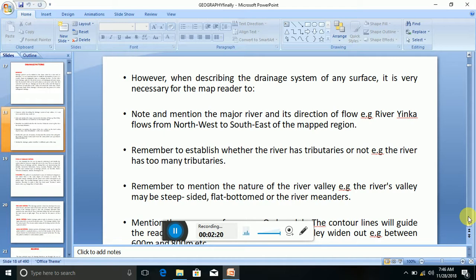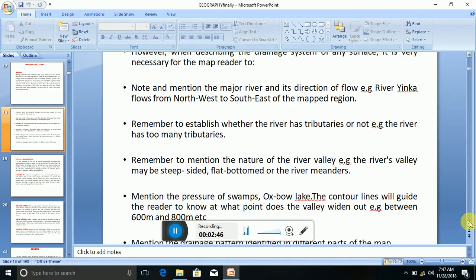Number 2, the reader should also remember to establish whether the river has tributaries or not. E.g., the river has too many tributaries. You should also remember to mention the nature of the river valley. E.g., the river's valley may be steep sided, flat bottomed, or the river meanders.